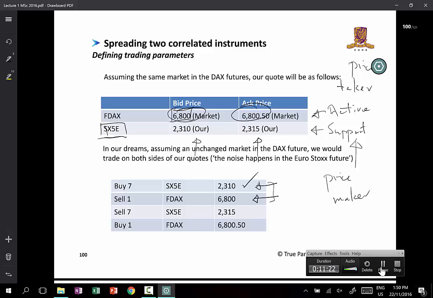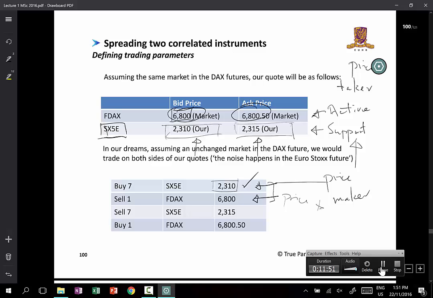Ideally what you would like to do is, after someone actually sells to you, so you buy at this price, you are happy to sell at this price, if that really was possible. So after you go long as a price maker on the Euro Stoxx at 2310, you turn around. So here you are a price maker, and here you are a price taker. You turn around and you hedge right away.